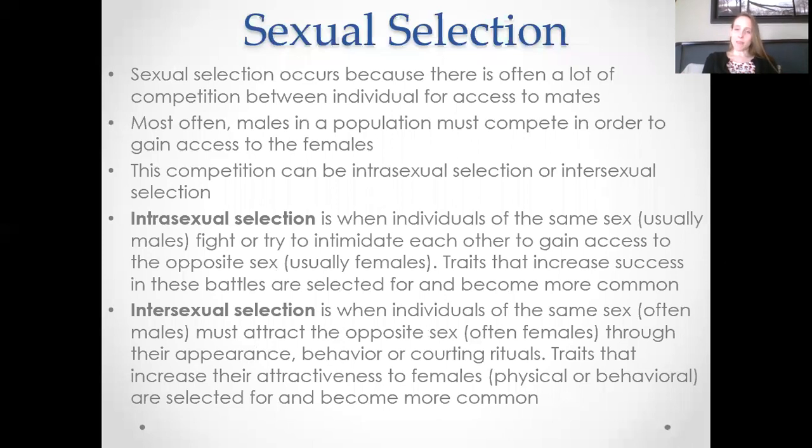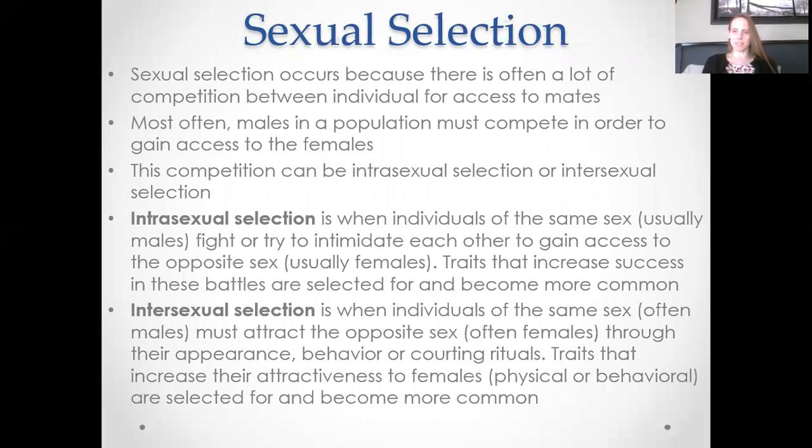There are two different types of sexual selection. You will have sexual selection anytime there's competition for access to mates. Usually males are competing for access to females. There is intrasexual selection, which is when individuals of the same sex will try and fight or intimidate each other to gain access to the opposite sex.